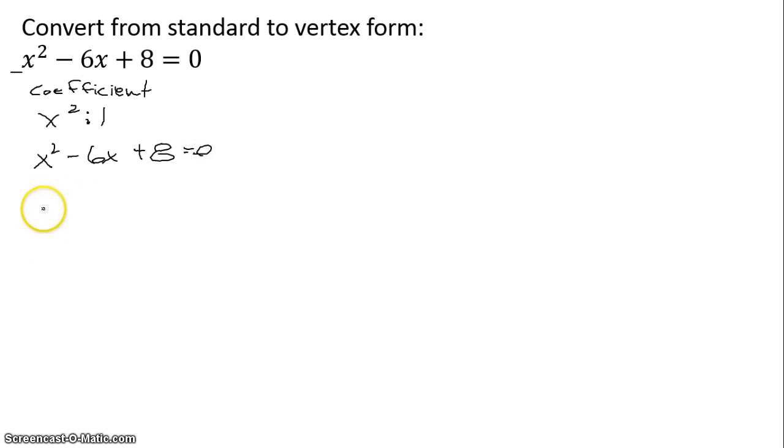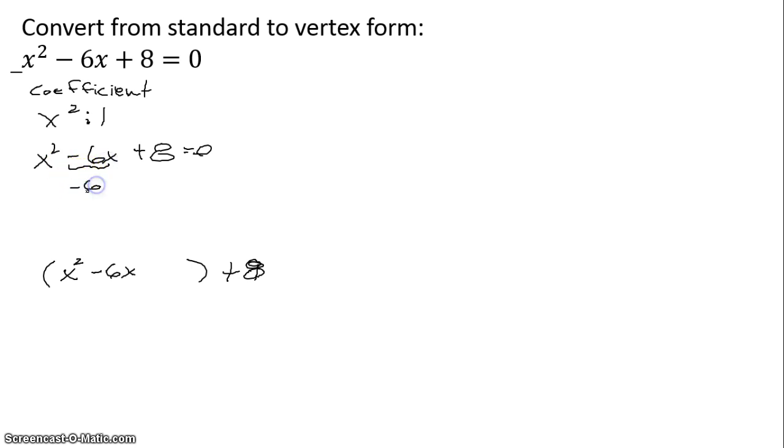So you're going to take these first two terms, give yourself some space, and put them in parentheses. So you have x squared minus 6x, and you're going to leave that empty. Then you're going to do plus 8. So here's what we're going to do. We're going to take this middle term here, negative 6, and bring it down.